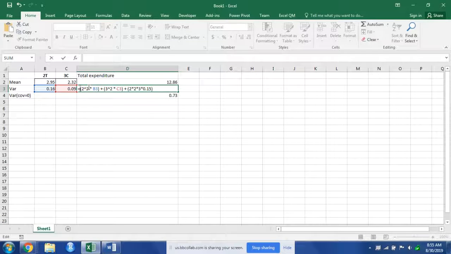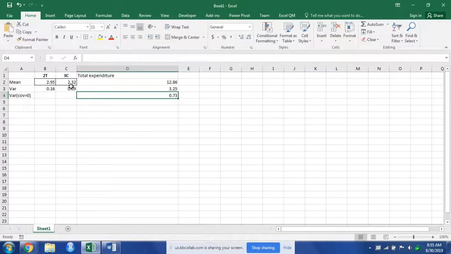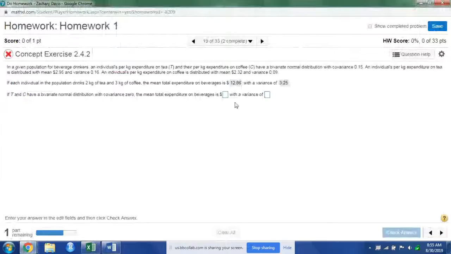All right, try that again. Change this value to 0. Everything else should remain the same.